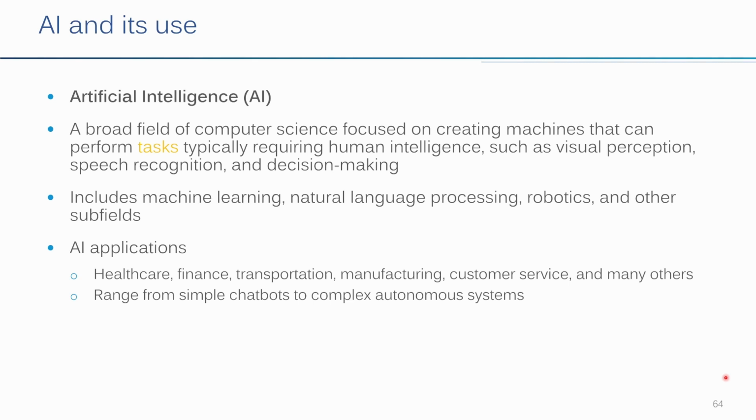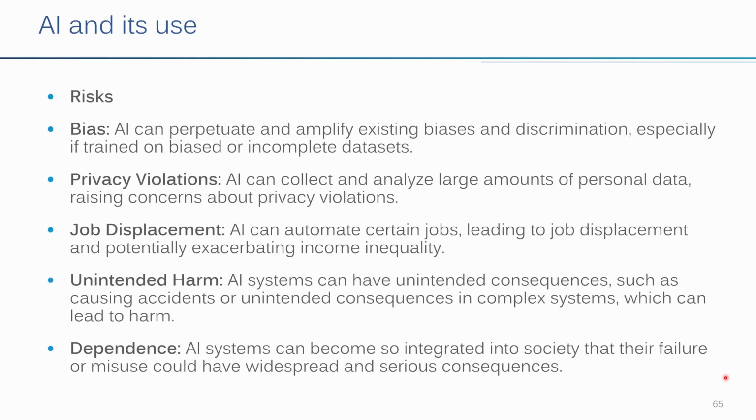That being said, because it is present in so many different layers of our daily lives, this also comes with some sort of risks. The ones we have been talking about today are more associated with bias and ethical concerns. AI can perpetuate and amplify existing biases and discrimination, especially if trained on biased or incomplete data sets, and we saw a couple of examples.